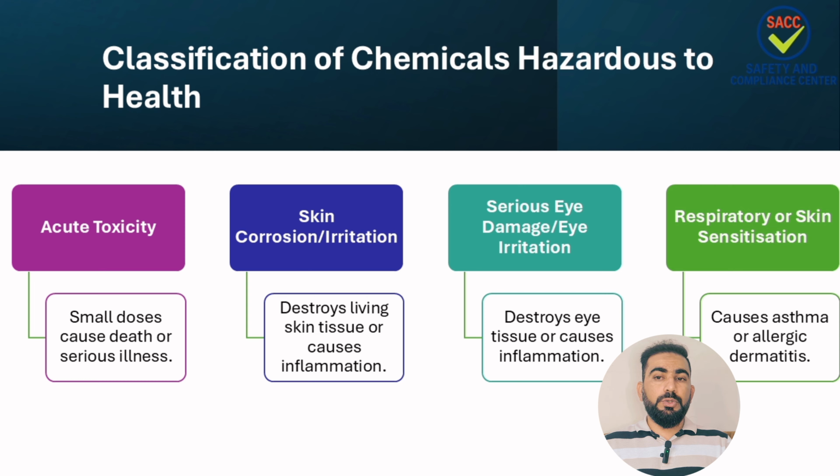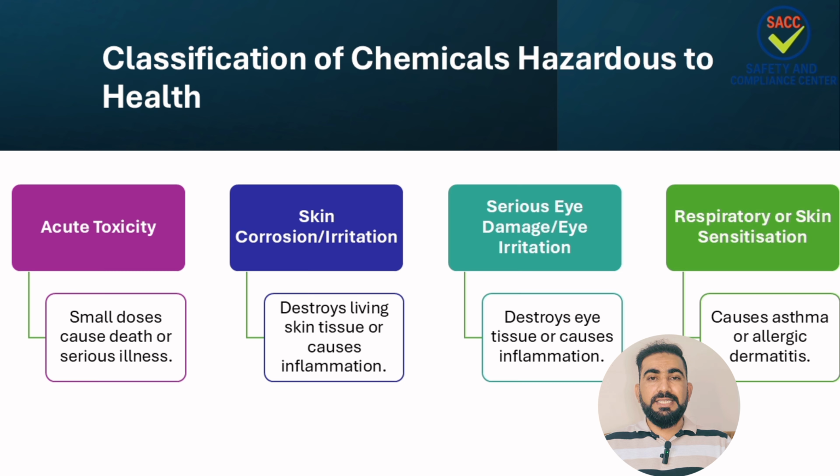The skin corrosion or irritation: these can either destroy living skin tissue, like corrosives, or cause inflammation like redness and itching. Serious eye damage or eye irritation: similar to skin effects, these substances can either permanently damage eye tissue or cause a painful irritation and watering.